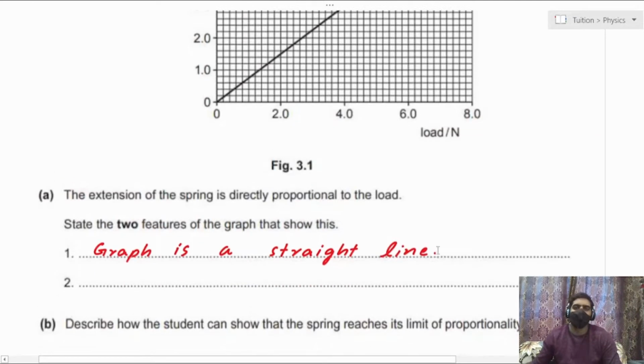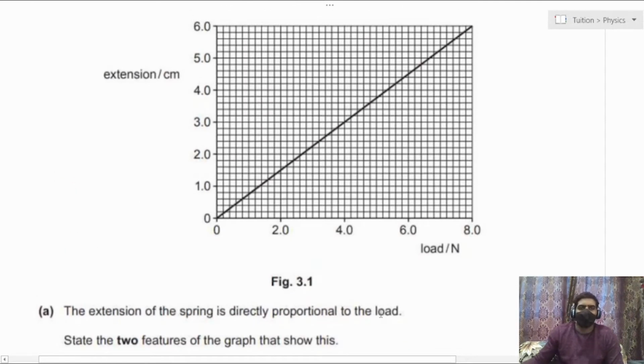And the second one, we can say when the load was zero, the extension was zero. So basically the line passes through the origin. That can be the second feature of the graph.